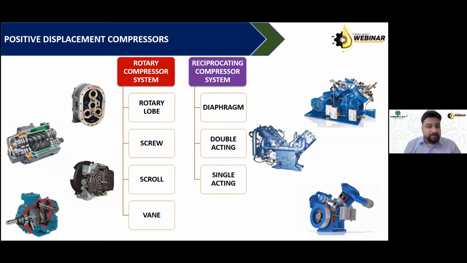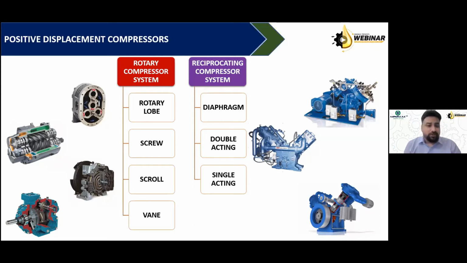So starting with the first type of positive displacement compressors, they are rotary compressor systems. By rotary, we can understand that there would be a shaft and there would be certain components in rotation. So by virtue of rotation, there would be certain pressure created onto the in-service fluid or in-service air.